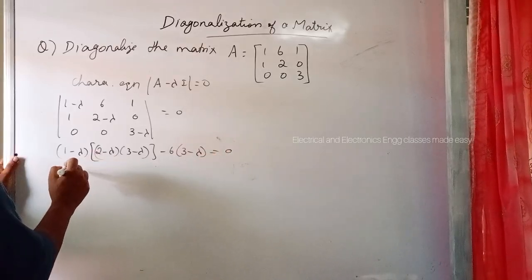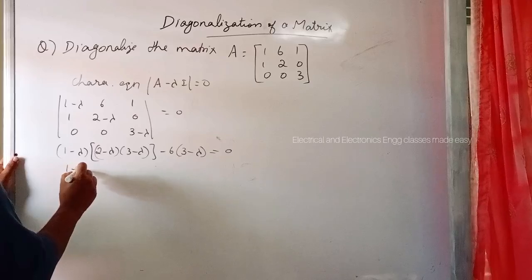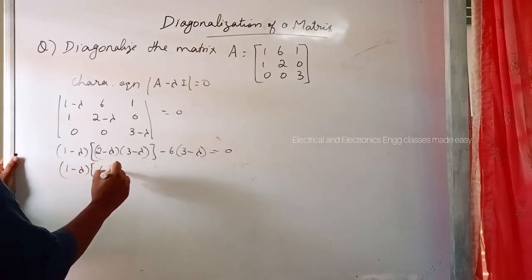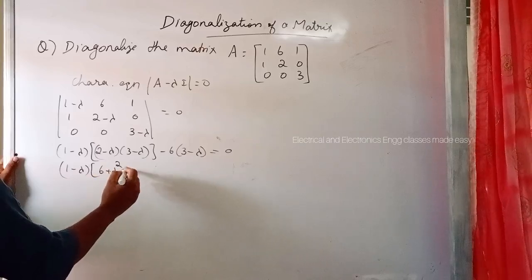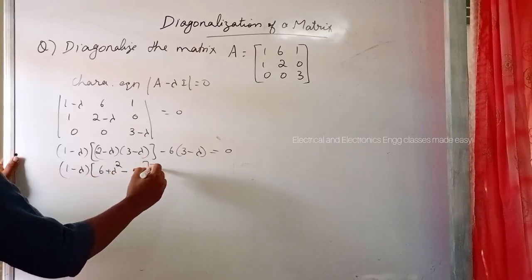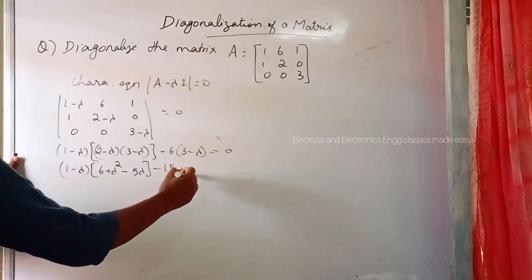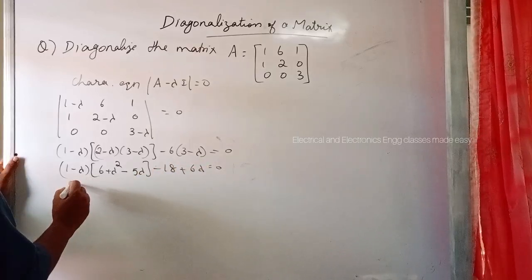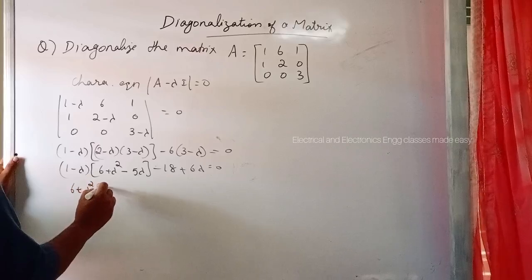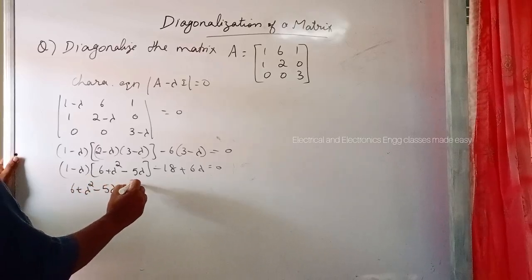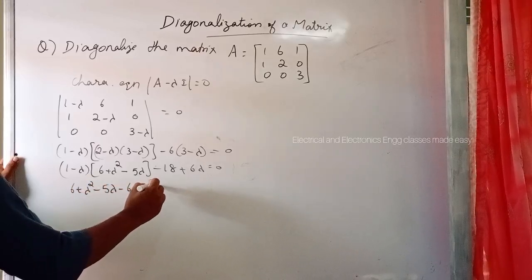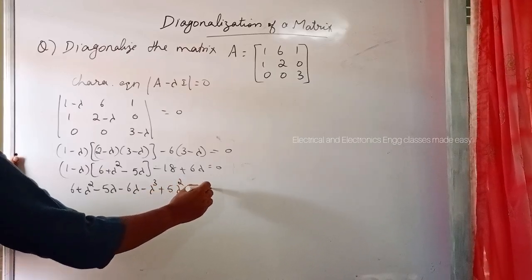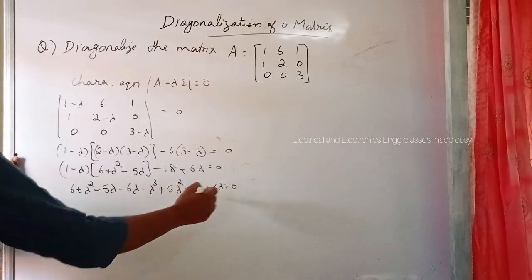Now expanding this one, 1 minus lambda into, here we will get 6 minus 6 plus lambda square, then minus 5 lambda minus 18 plus 6 lambda equal to 0. Again expanding this one, 6 plus lambda square minus 5 lambda minus 6 lambda minus lambda cube, then plus 5 lambda square minus 18 plus 6 lambda equal to 0.